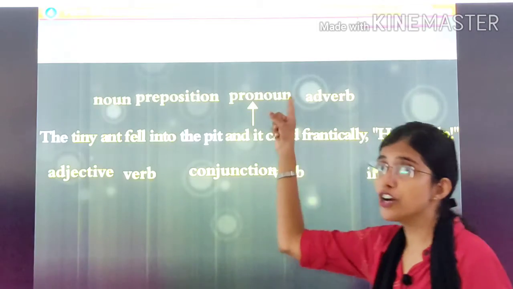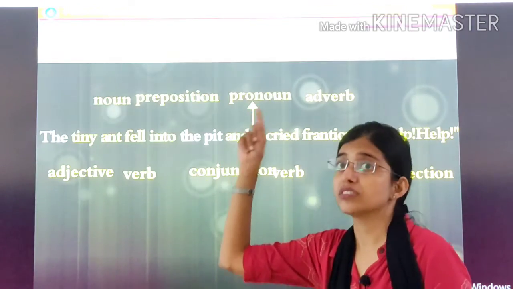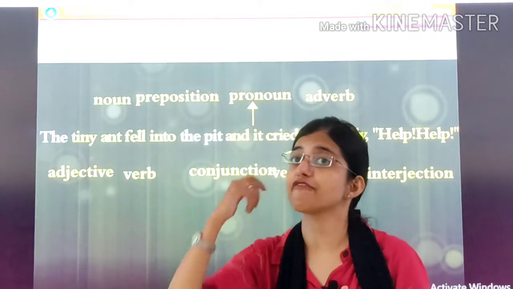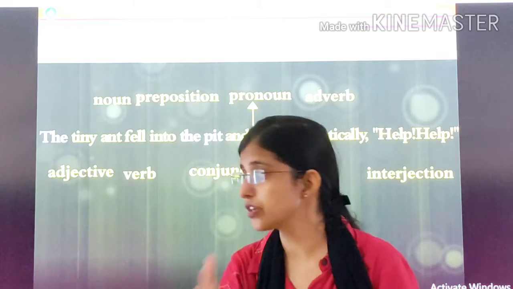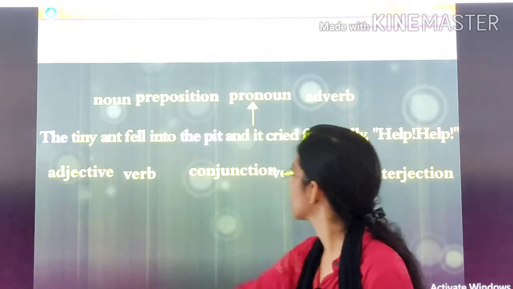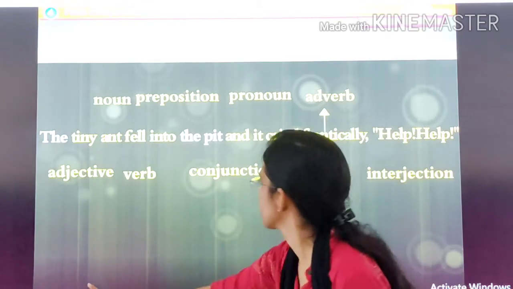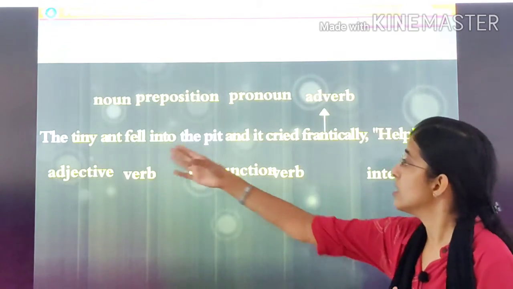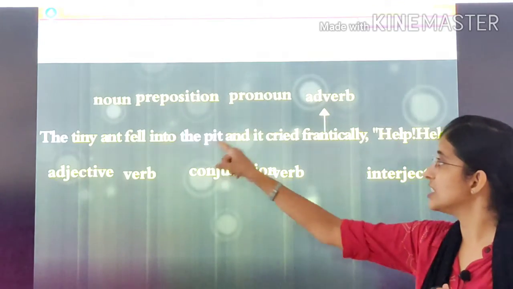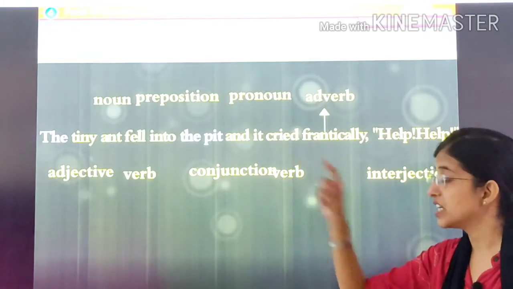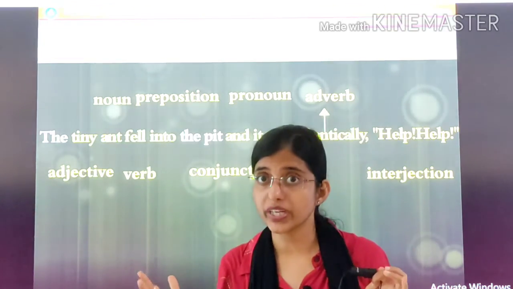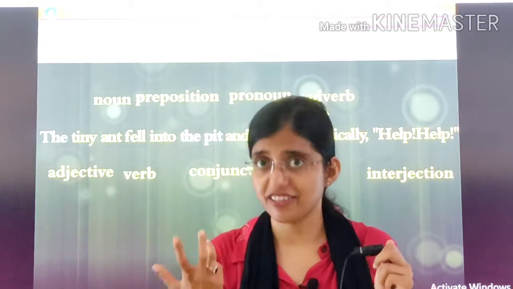So, it is our pronoun. The words which are used instead of a noun are known as pronouns. The tiny ant fell into the pit and it cried. Cried is a verb, okay? Because रोना भी तो एक activity है ना.